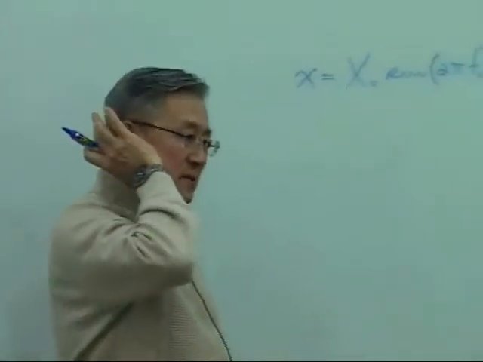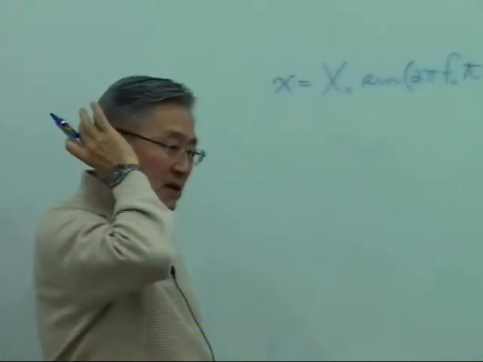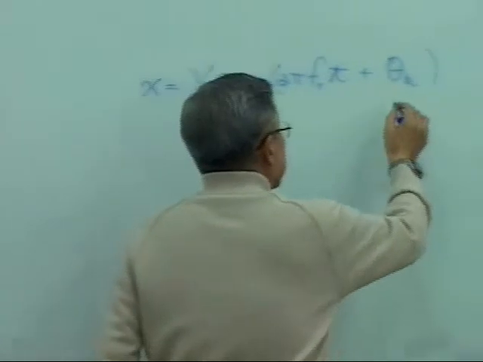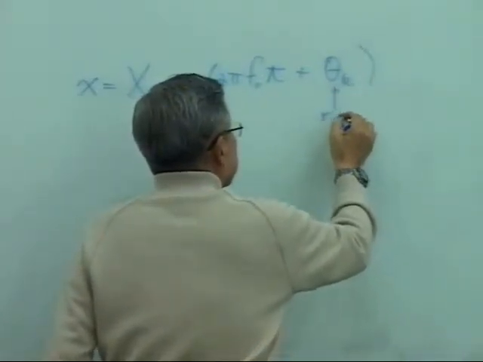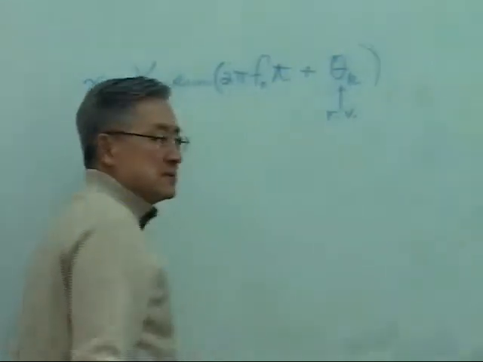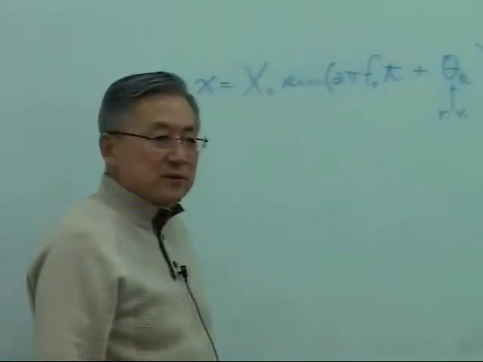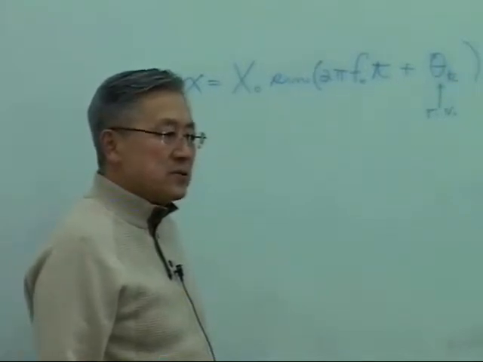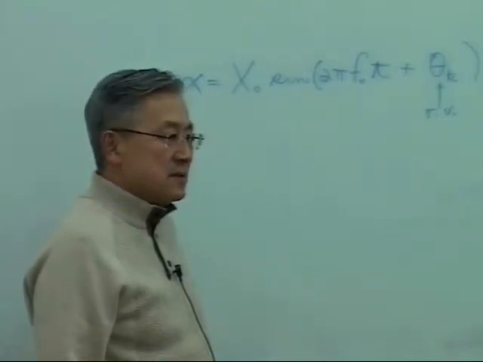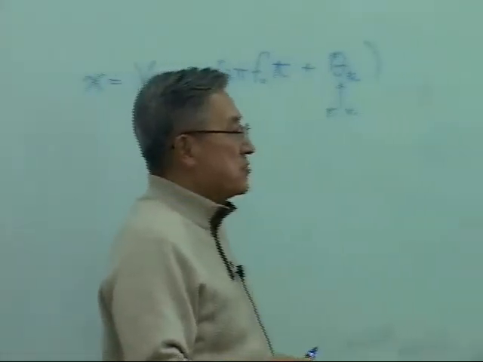Deterministic function. But if I say this theta k is a variable, then you can tell this is really no longer deterministic. But this is like a special function.